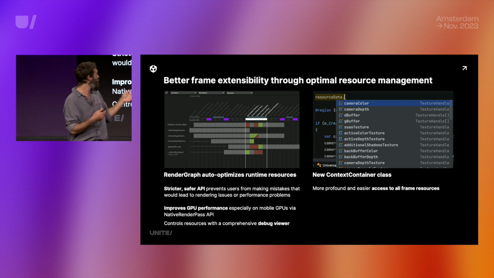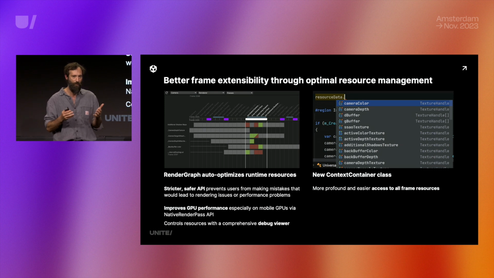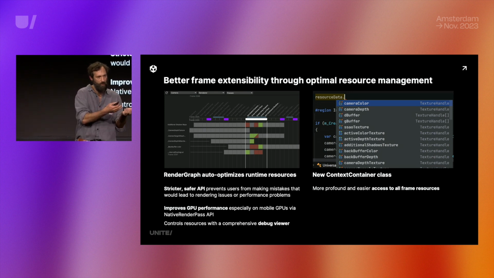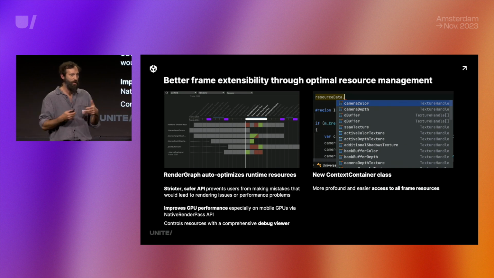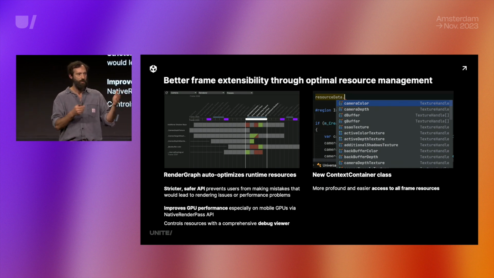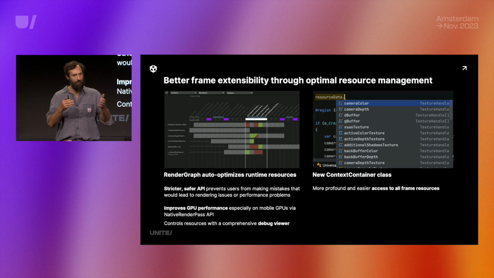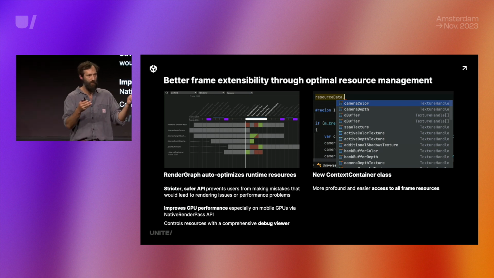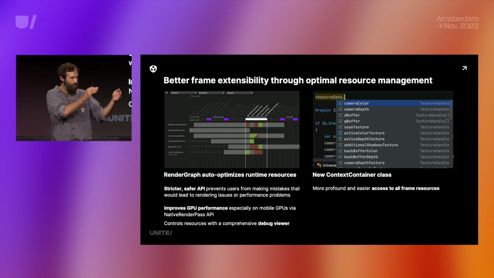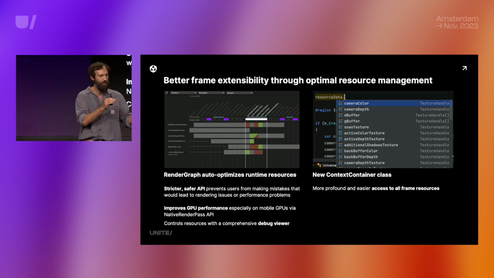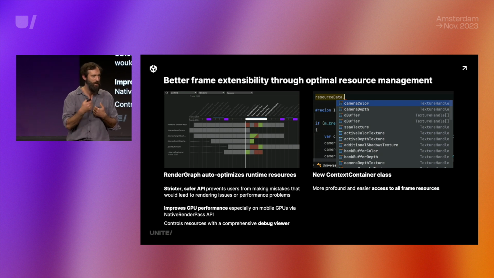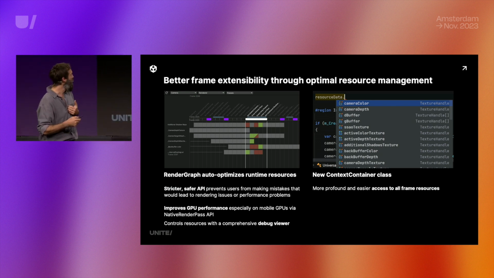So you have a clear contract with a safer API, where you say which resources you need for your passes and which resources you export. Then we create a graph at runtime, finding all the dependencies between these resources and creating this dependency graph. This allows you first to visualize exactly how you're using your resources, how we are using our resources, and how you can update them.